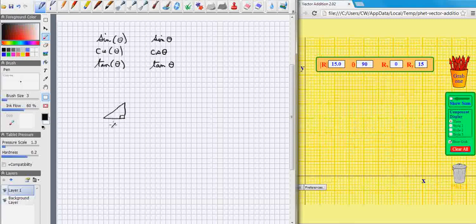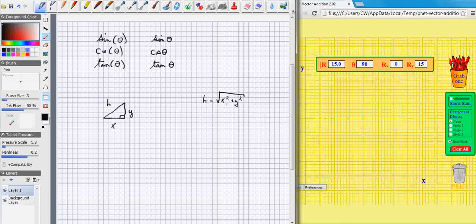So let's call this side X, and this side Y, and this side H, which is what we'll do in general. For this particular right triangle, X is equal to 4, Y is equal to 3, and from Pythagoras you should know that H is equal to the square root of X squared plus Y squared.